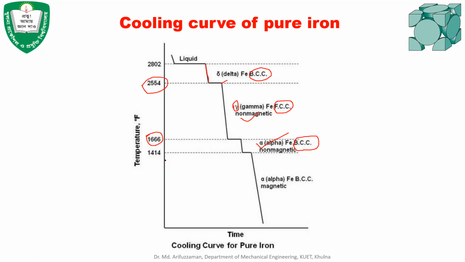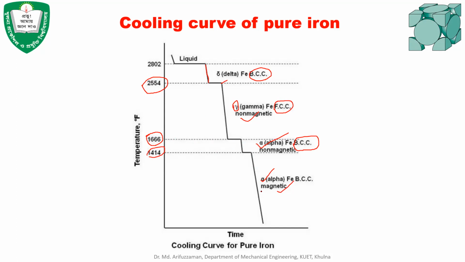But when the temperature drops again to 1414 degree Fahrenheit, that BCC structure gets more stabilized, and solid state diffusion occurs. Because of that solid state diffusion, the iron shows the magnetic property. It is still the alpha iron, but it is magnetic now. So if the temperature of iron is more than 1414 degrees Fahrenheit, then the iron is non-magnetic.